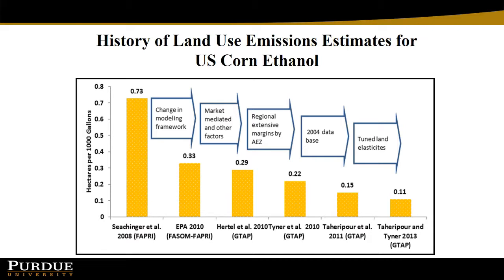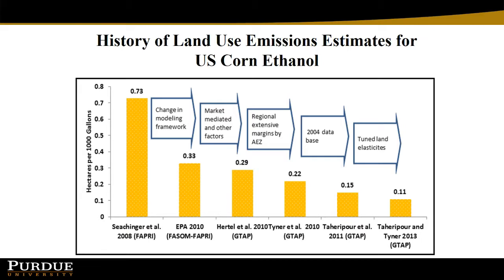After that, we made several changes in the GTAP model, and we show that induced land use changes due to ethanol production are not so high. So now the question is where those numbers come from, and why we see this reduction.